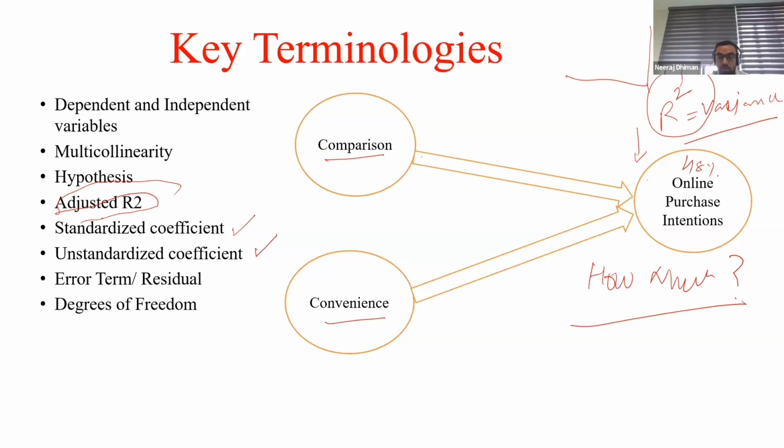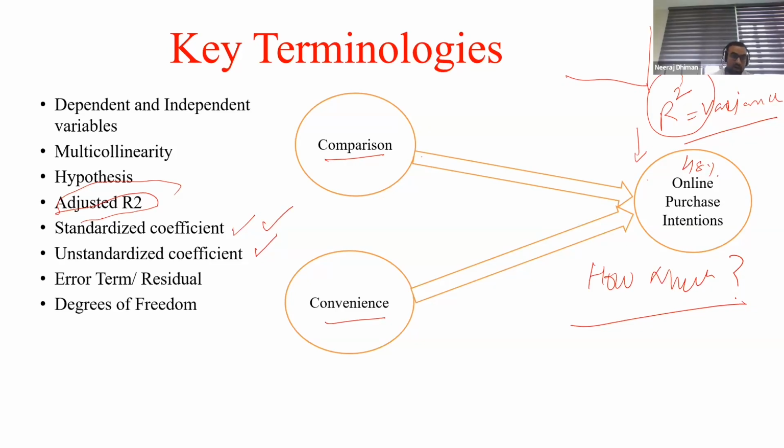Here we are predicting that comparison or convenience would predict online purchase intentions, so we would present the standardized coefficient, or standardized beta. If we want to compare different regression models, we would present the unstandardized coefficient. Both are part of R square, which is called variance.